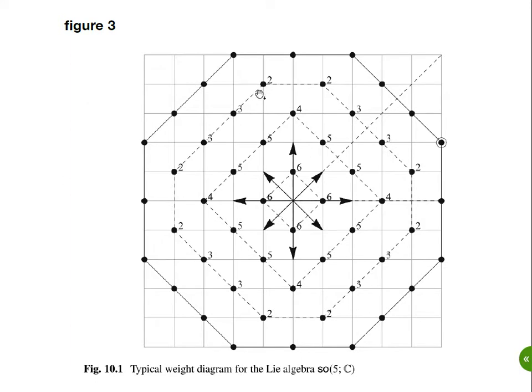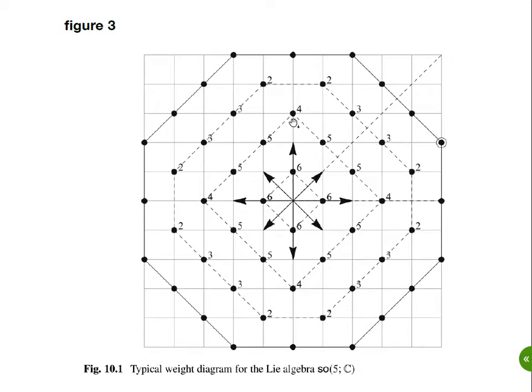So you can see these dots are the weights. And in fact, the numbers written here mean the multiplicity of each weight. If it's not written, the multiplicity is 1. The multiplicities of these are 2 and 4, 5, etc. But how can we compute the multiplicity?